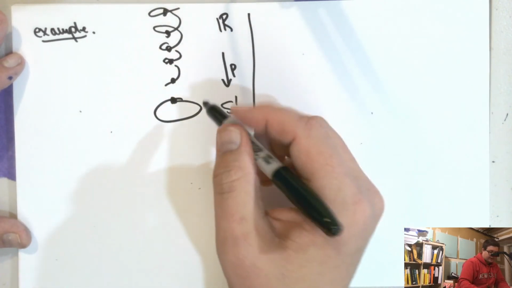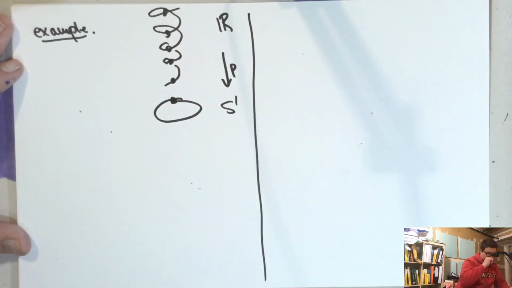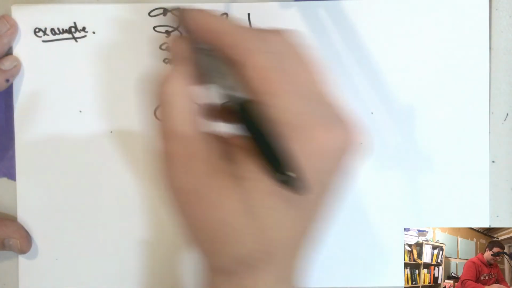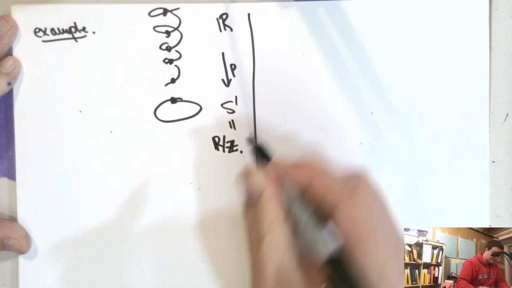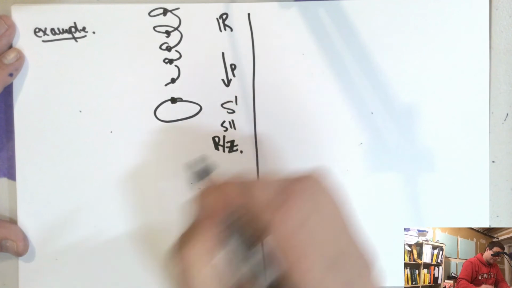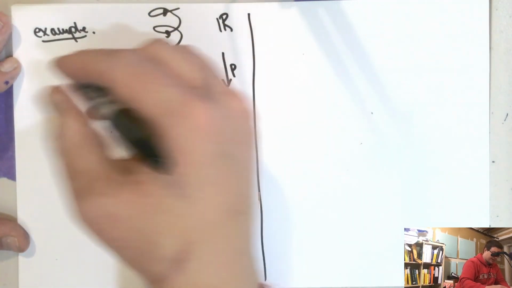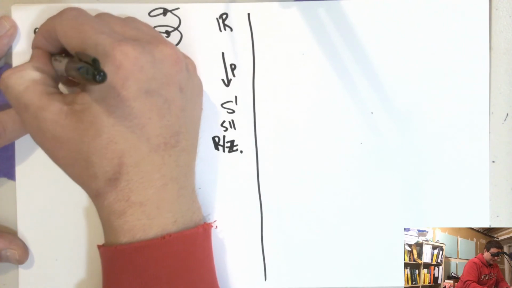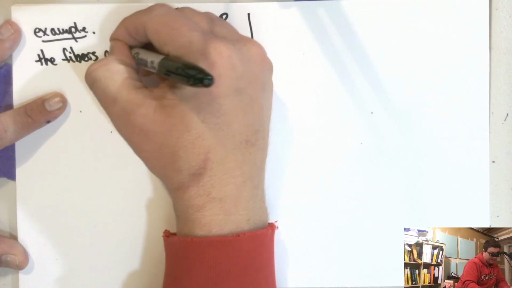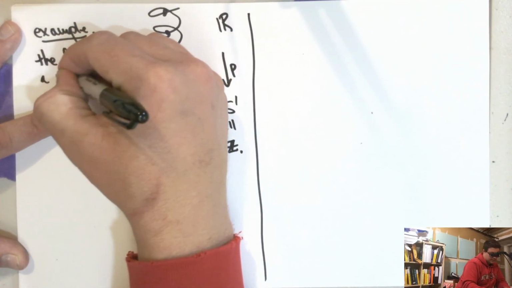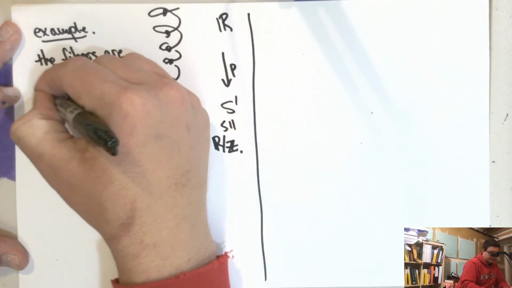So this is still a covering map. It's just a set with the discrete topology. Here we can view this as R mod Z, which is homeomorphic to the circle. So the fibers in this case are a countable set with the discrete topology.